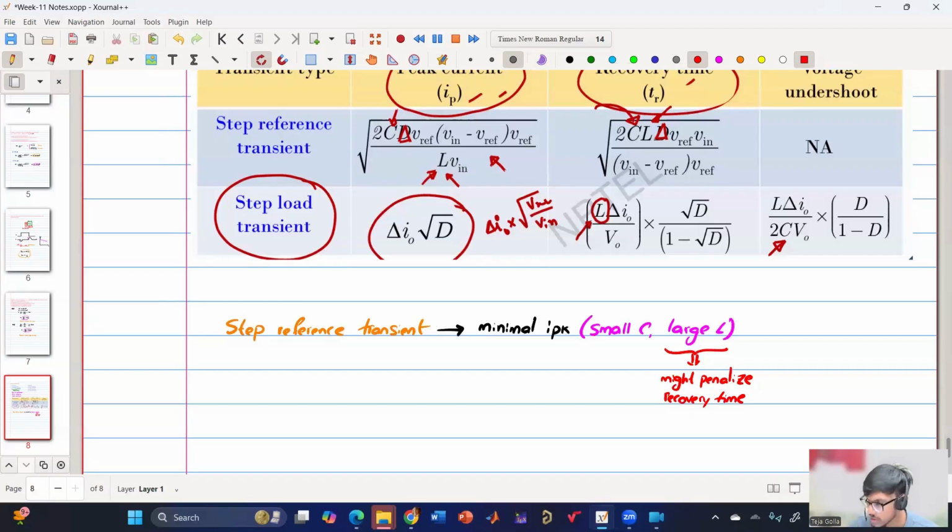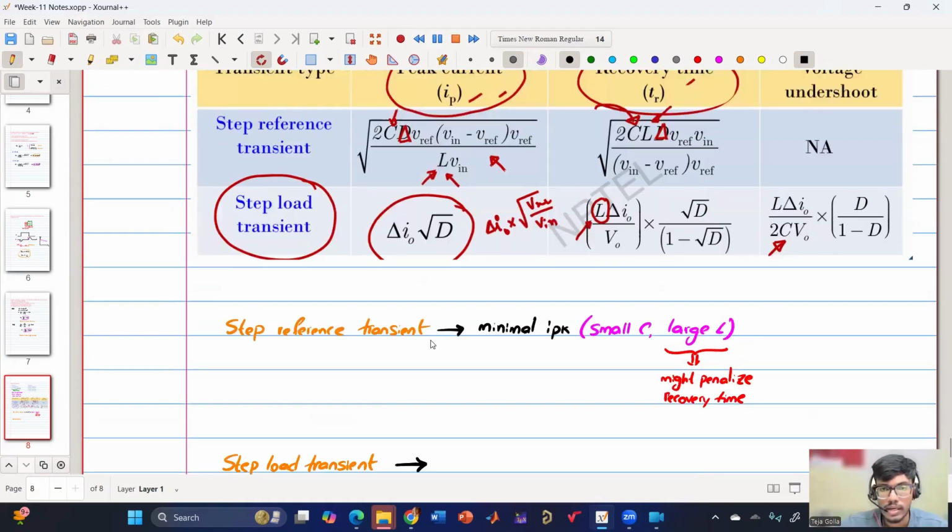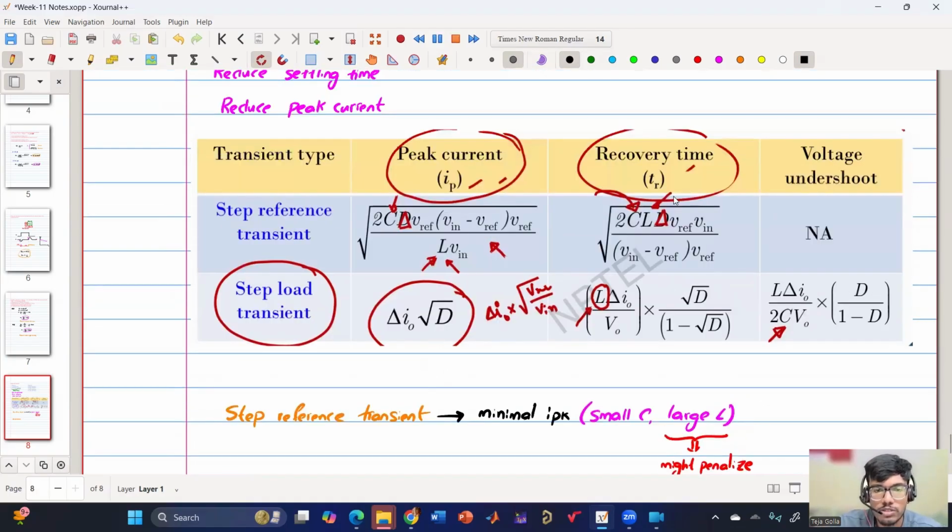Then the step load transient. So now for the load transient, say my recovery time has to be small, whether inductance has to be small or large.